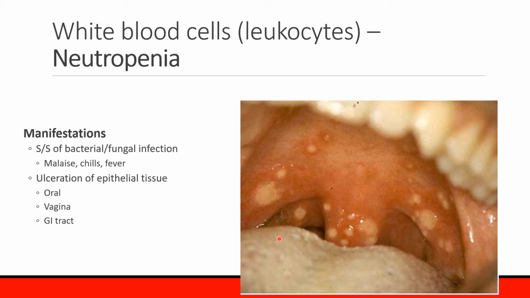It looks like carpet almost, and the bacterial growth can grow on the tongue because we have a lot of bacteria in our mouth, and if we don't have a healthy immune system, the bacteria can become overwhelming on the tongue. So we get ulceration of epithelial tissue, and this is of the oral cavity, but we could also get it in the vagina or the gastrointestinal tract. Vagina would only apply to females, obviously.